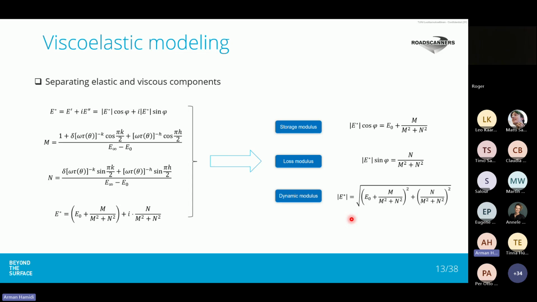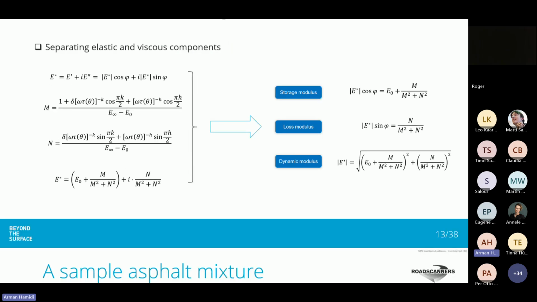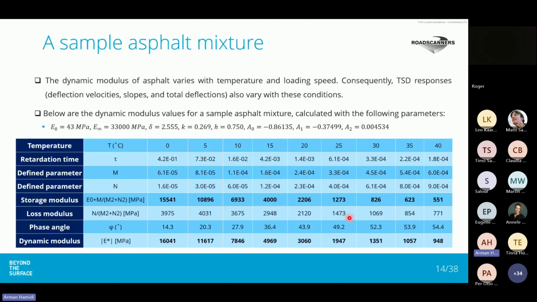But to understand this better, I have provided a numerical example. So for a typical asphalt mixture with these model parameters for the Huet-Sayegh model, if we increase the temperature from 0 to 40 degrees centigrade, we can see in this table how dynamic modulus will change. For this specific asphalt mixture at 0 degrees centigrade, dynamic modulus is around 16,000 megapascal.